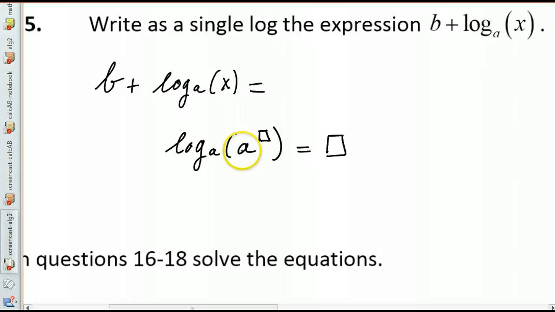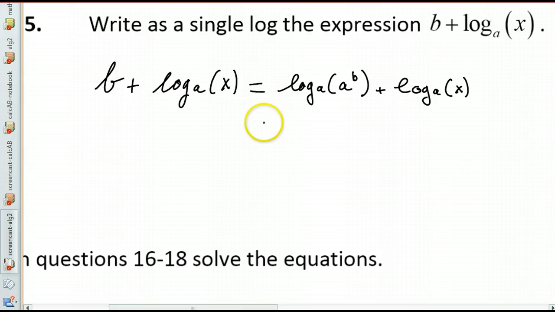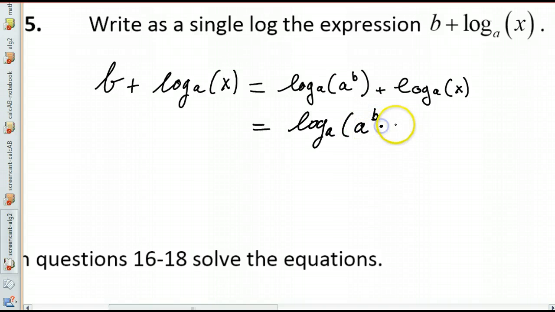Log base a of a squared is 2. So b is just the log base a of a to the power of b, plus log base a of x, and now you can put them together. Properties of log: the sum of 2 logs is the log of a product. So this is log base a of a to the b times x. That's it, written as a single log.